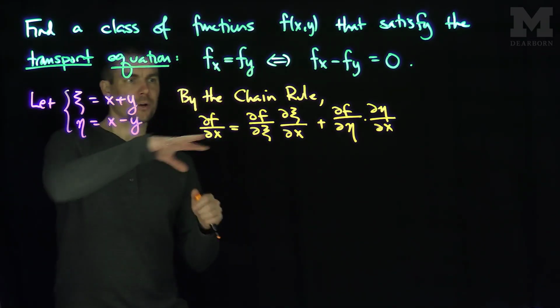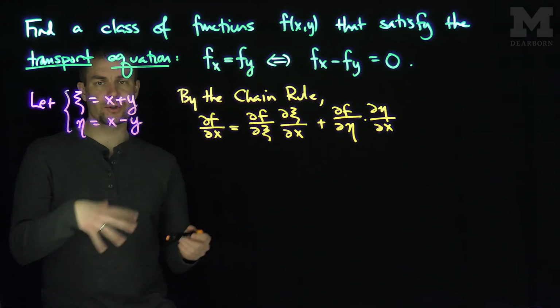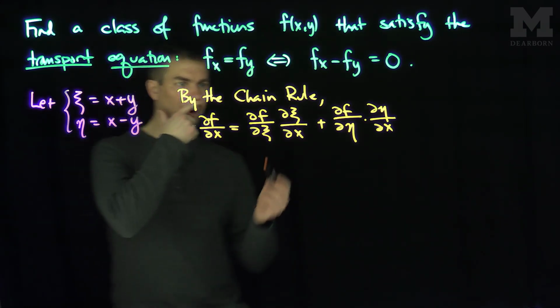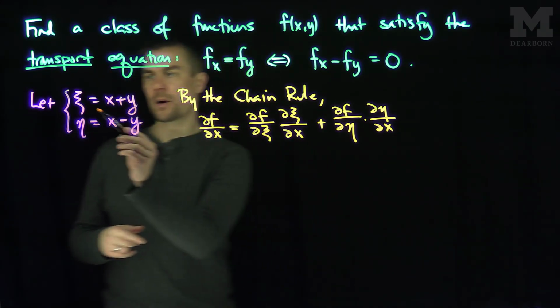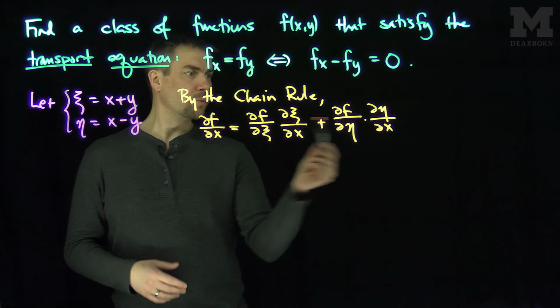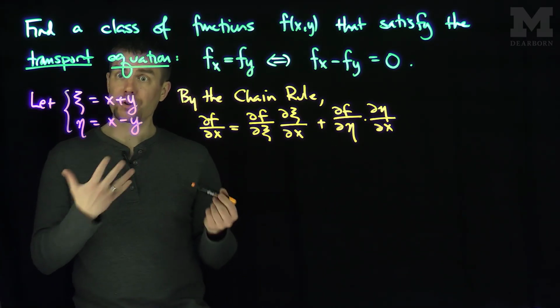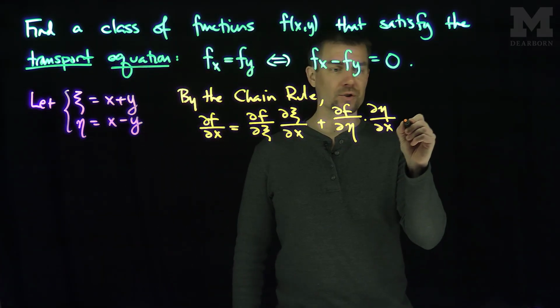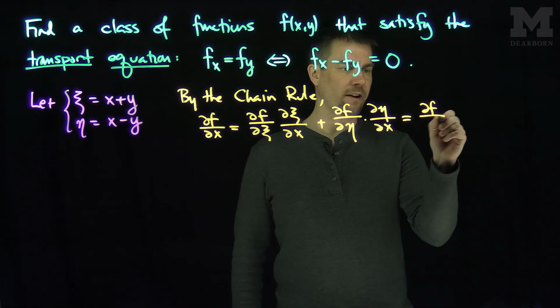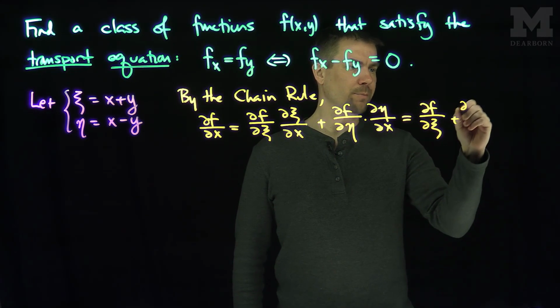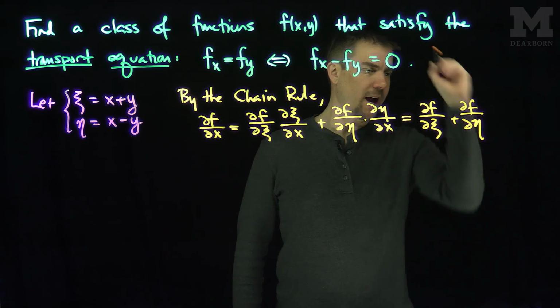So I'd like to find partial xi partial x and partial eta partial x. Thankfully, they're pretty easy to do. Partial xi partial x is equal to 1. Partial eta partial x is also equal to 1. So partial f partial x is the same as partial f partial xi plus partial f partial eta.